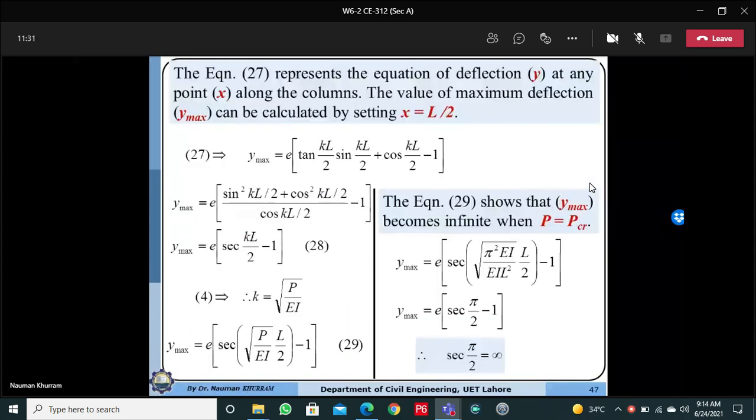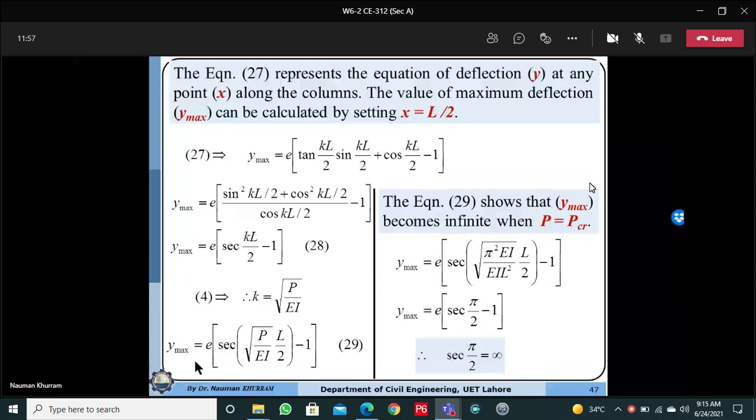The maximum out of plane deflection can be computed by this expression, which is equation number 28, e into secant of KL by 2 minus 1, where K is equal to the square root of P over EI. After simplification, you can convert expression 28 to 29, or you can further simplify it, as you will see in upcoming slides.